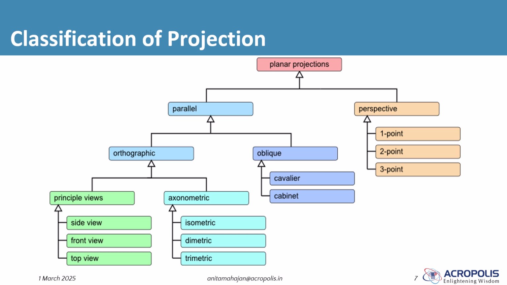Orthographic projection is subdivided into principal views and axonometric, and oblique is subdivided into cavalier and cabinet. Perspective is divided into three parts: 1 point, 2 point, 3 point. In this whole presentation, we are going to study parallel projection in detail. Let's start.